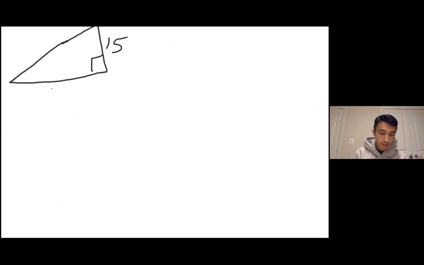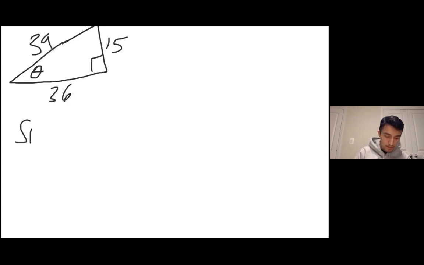This leg is 36. And the hypotenuse across from the right angle, excuse me, is 39. So same deal. We're going to put theta down here in the bottom corner. Now we can set up all our 3 ratios, right? Let's start with sine.